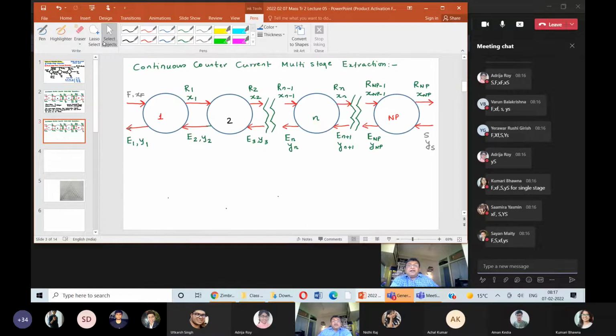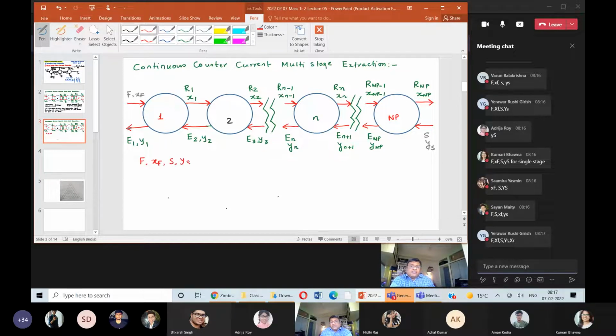However, please remember that for solving a countercurrent multi-stage extraction, of course, your F, XF, S, YS have to be specified. In addition to that, please remember this, you will soon realize that you have to specify either YE or XNP or NP.